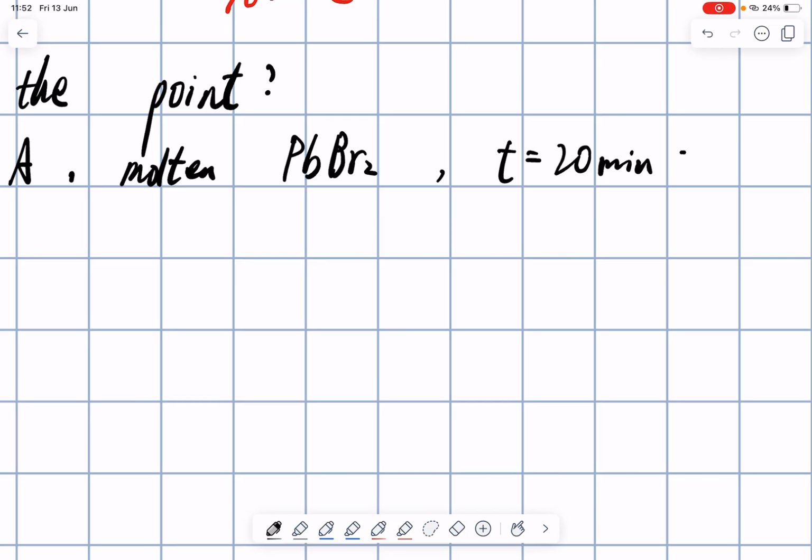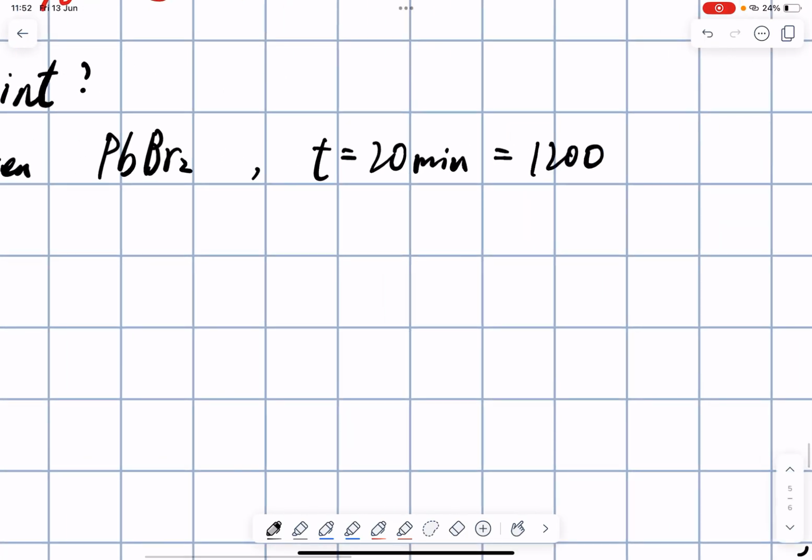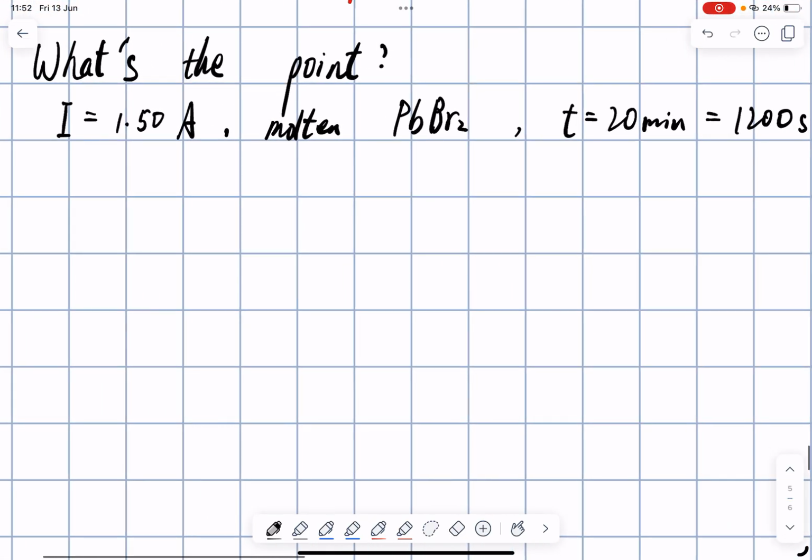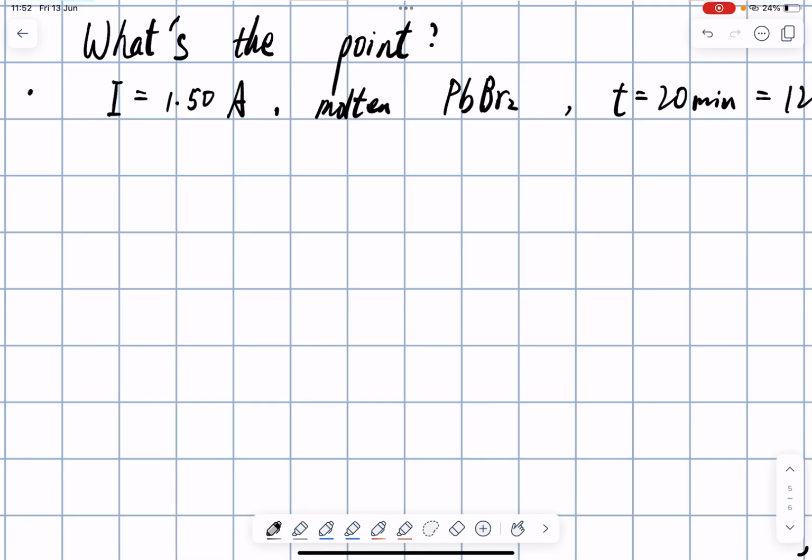Of course, 20 minutes is 1,200 seconds. That's basic knowledge. So what are we going to do first? First the question is, what's the mass of Pb produced?